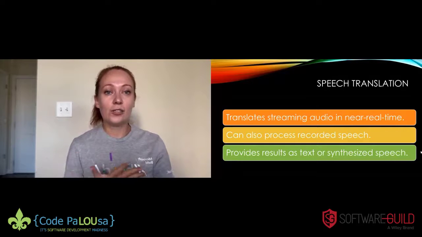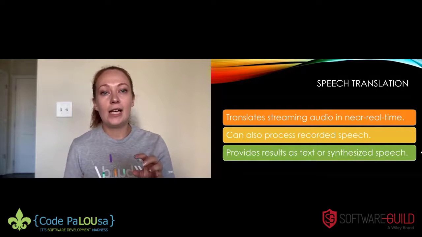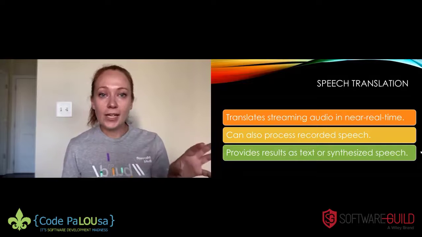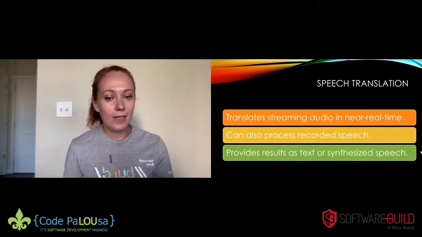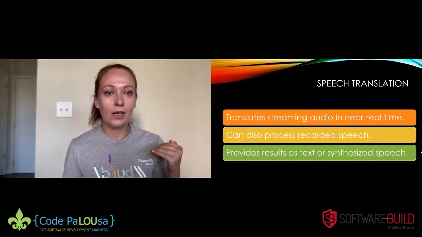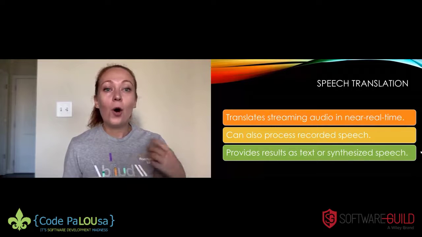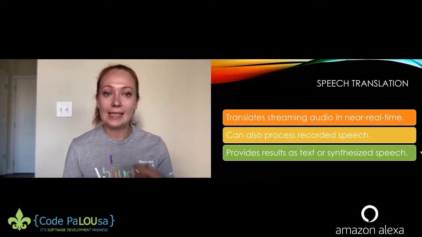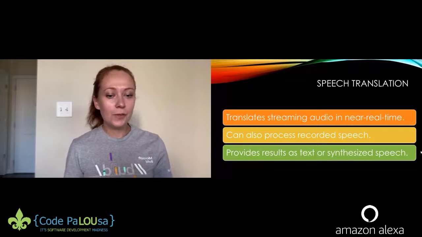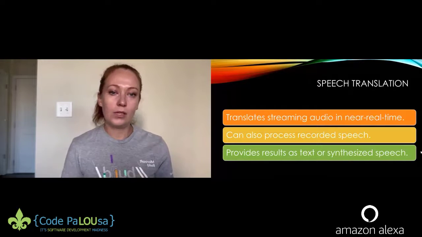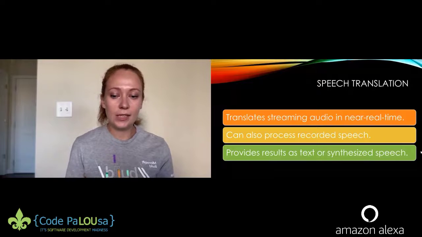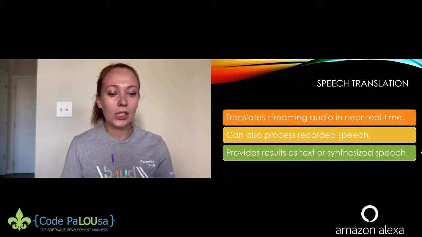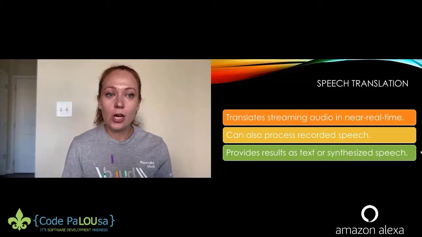But now it is amazing because they are translating speech to speech directly, so they eliminated that text completely, although you still have an option to return it as text if you need to. Here you can see that it provides results as text or synthesized speech.